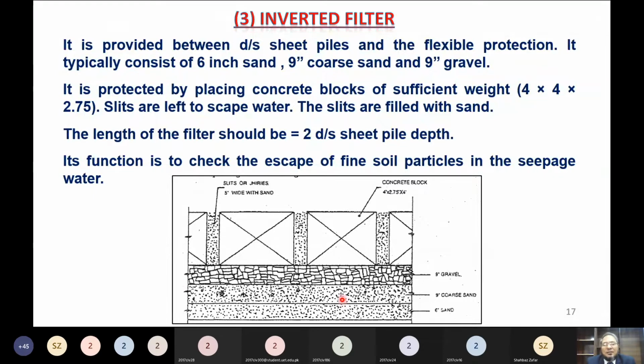As you know, the water has to come like this, and from here it has to escape. So it is a filter basically: these are the finest particles, then these are coarser, then further coarser, and that coarse material is then protected by these concrete blocks, and here these are filled with sand. In this way the water can escape without taking fine sediments.